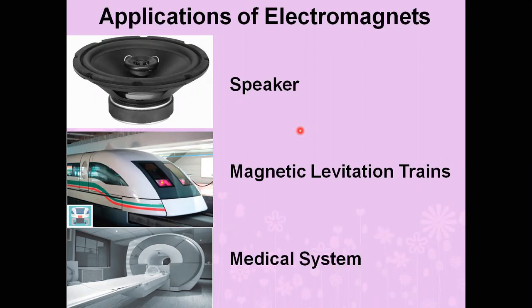The other set moves the floating train ahead at great speed without friction. These magnets control the train's stability and speed using the principle of magnets.